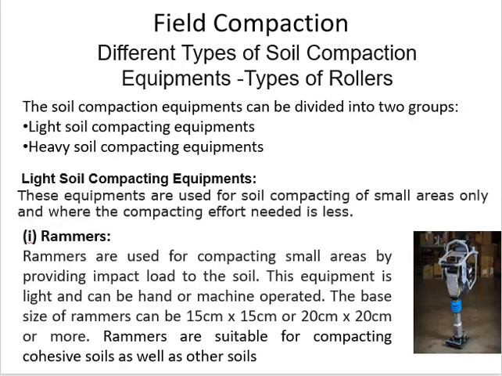The base width will be around 15 to 20 centimeter. They are suitable for compacting cohesive soils in trenches and very small areas, and have the ability to compact a deeper amount of soil than a plate compactor.